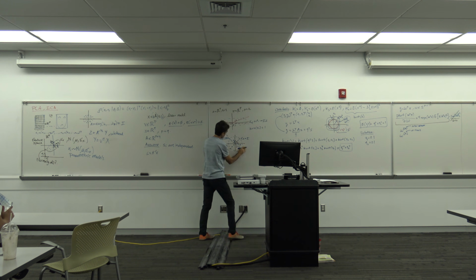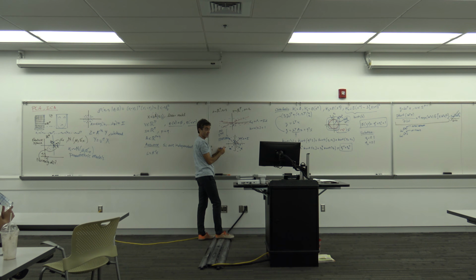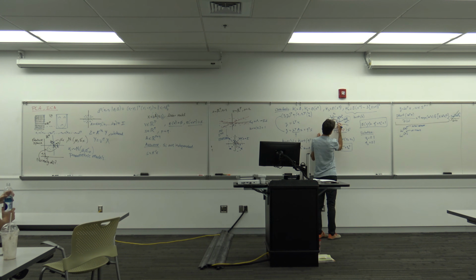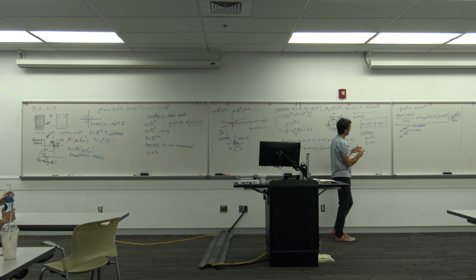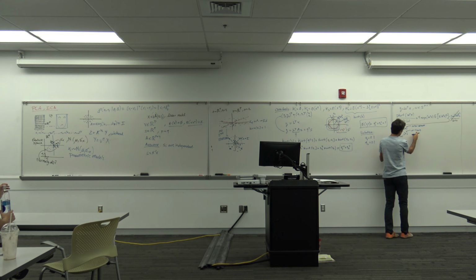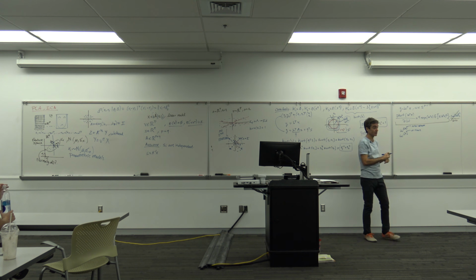That's what I'm looking for: that rotation, that vector W is going to give me that rotation. I don't know what it is, so I'm just going to set it randomly at some point. I'm going to call this W0, and then I'm going to iterate this. So at iteration t, I'm going to call it Wt.